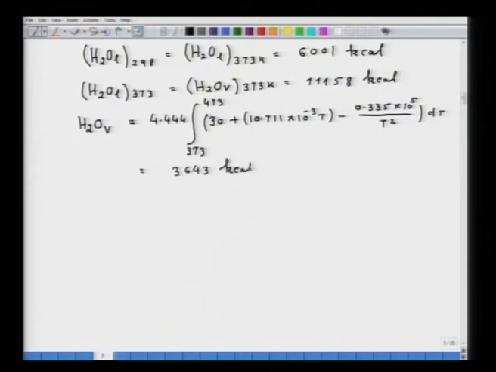Now, the heat energy required as asked in the problem, what would be the heat energy required?